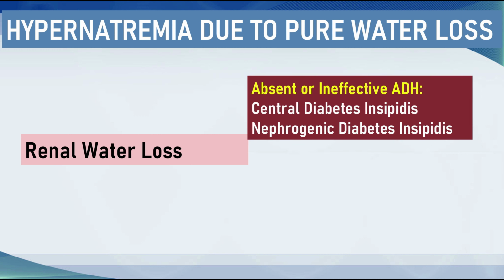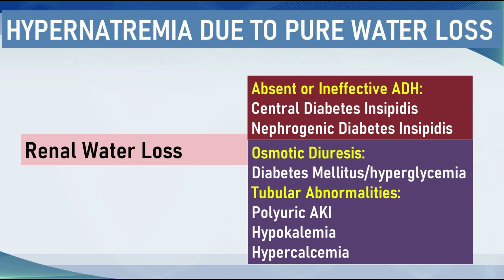The other way water can be lost is from the kidney. This can occur due to absent or ineffective antidiuretic hormone activity. For example, central and nephrogenic diabetes insipidus, about which later, or due to water loss from diuresis, particularly osmotic diuresis. This can obviously happen iatrogenically with the administration of mannitol, but we also see it with hyperglycemia and all kinds of diabetic emergencies.